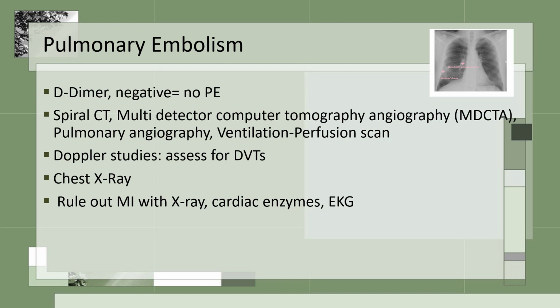If it is negative, there is no PE. Doppler studies are done to assess for DVTs and to confirm their presence. Chest x-rays also help determine if there is a PE, and we also want to rule out an MI with x-ray, cardiac enzymes, and EKG.